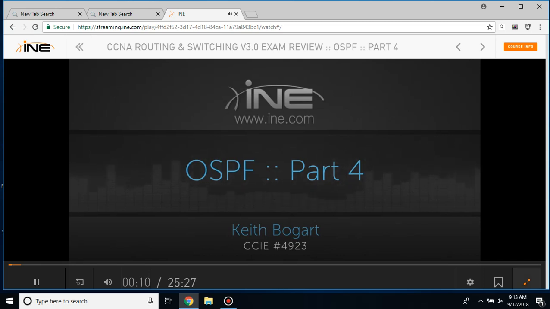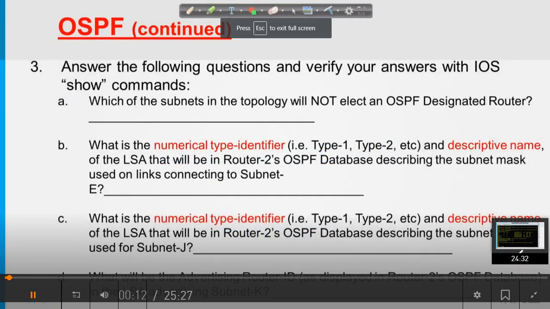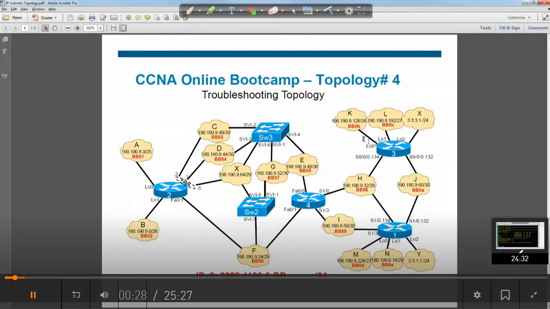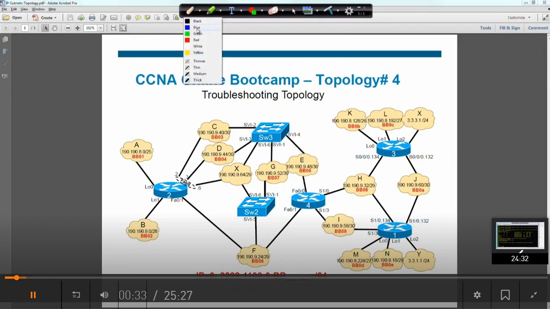Well, designated routers are only elected on two types of networks: broadcast networks and non-broadcast multi-access networks. Those are the types that have designated routers. So if we look at our topology diagram, let's draw some circles here around the networks that will have designated routers.